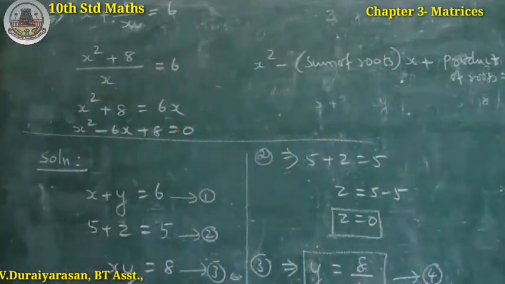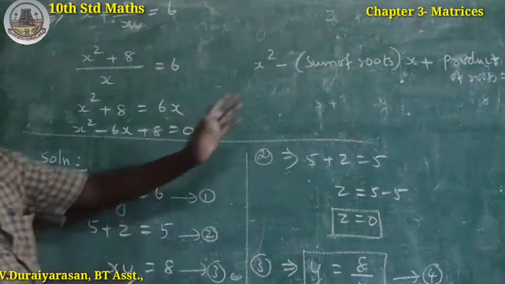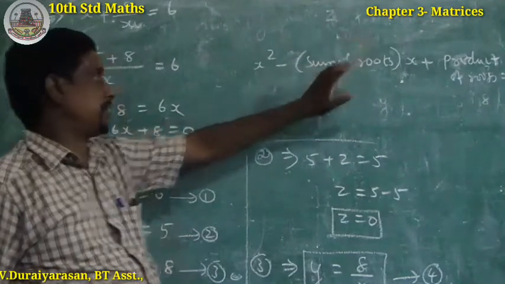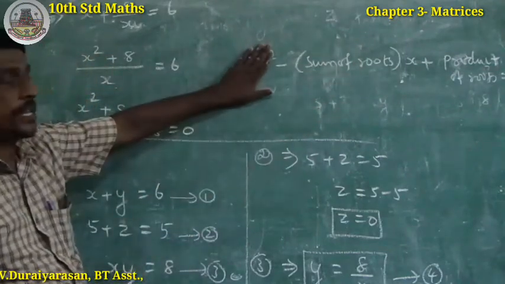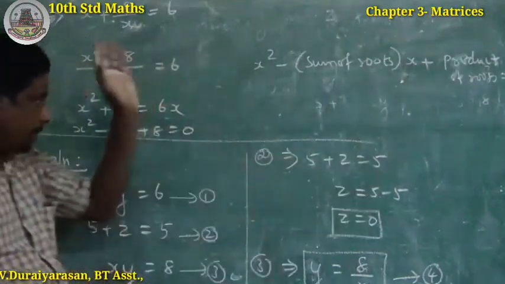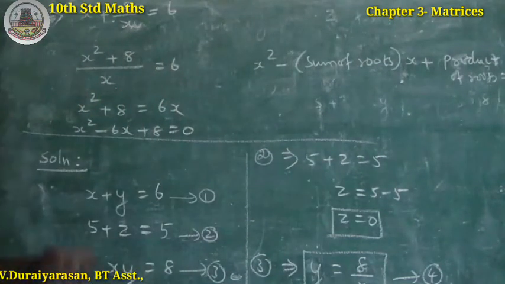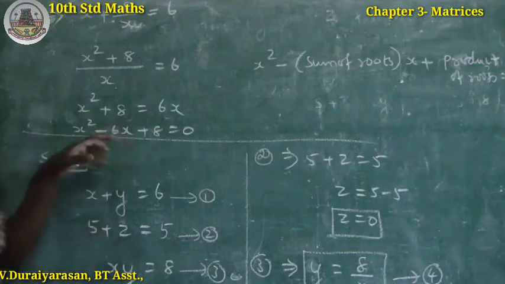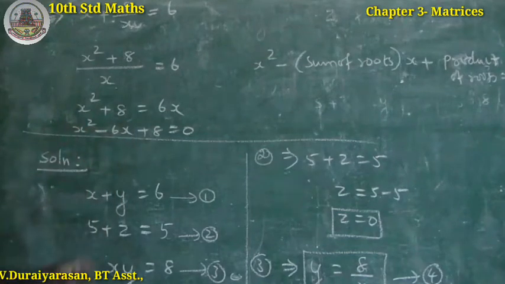This is the general form of a quadratic equation. What is this? x square term, x term, constant term. How to factorize this quadratic equation?